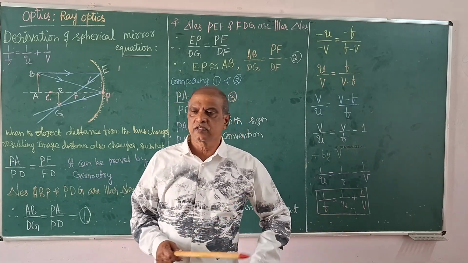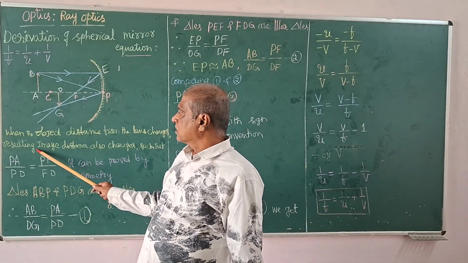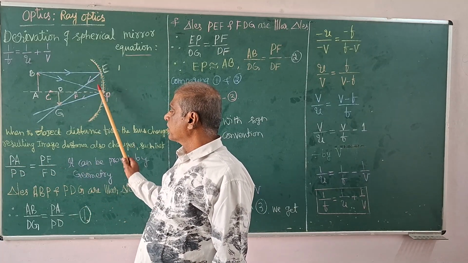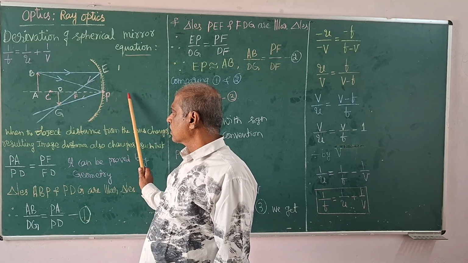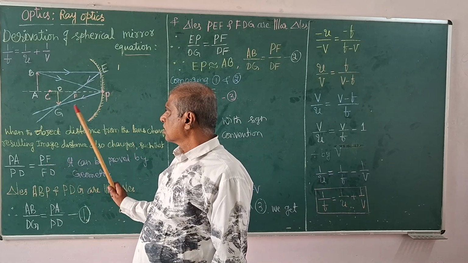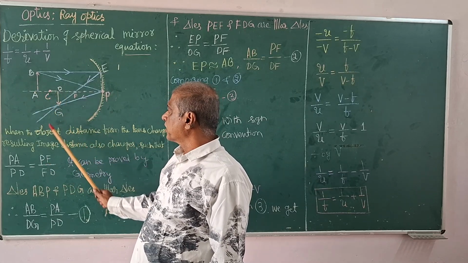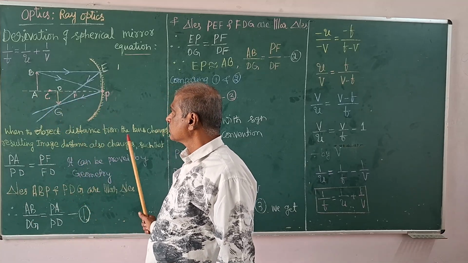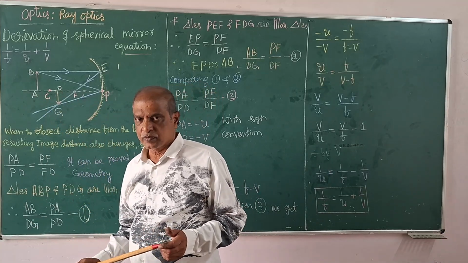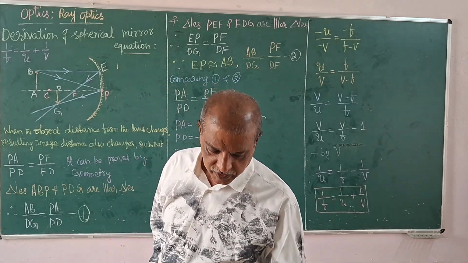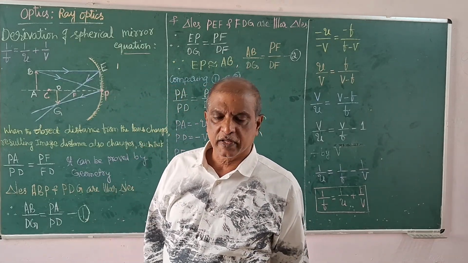But the concept is that this holds good for any mirror, whether concave or convex. The ratio remains constant, as these two distances are variable according to the experimental observation. With this, you have completed the derivation of the equation of the spherical mirror. Thank you.